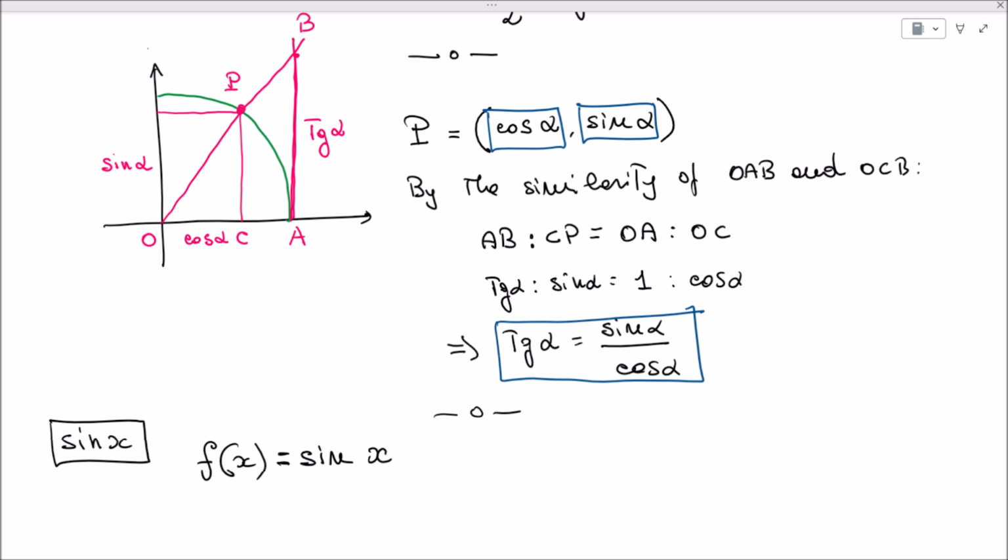Now, of course, there are two possible ways of defining a function.